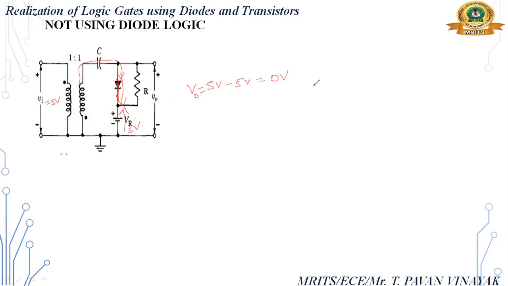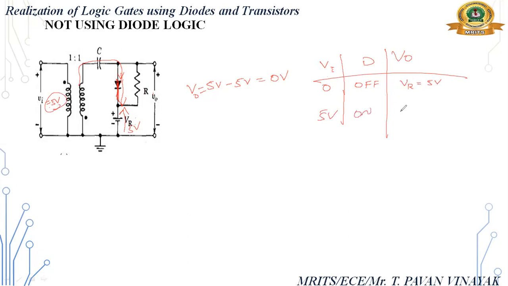So observe here Vi, diode and V naught. Whenever I give 0 volts, diode will be off. Whenever diode is off, V naught is equal to VR, that is equal to 5 volts. Whenever I give 5 volts here, diode is on.